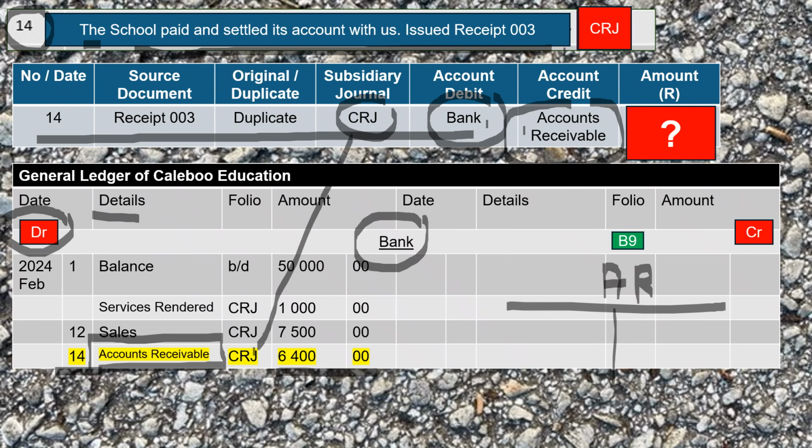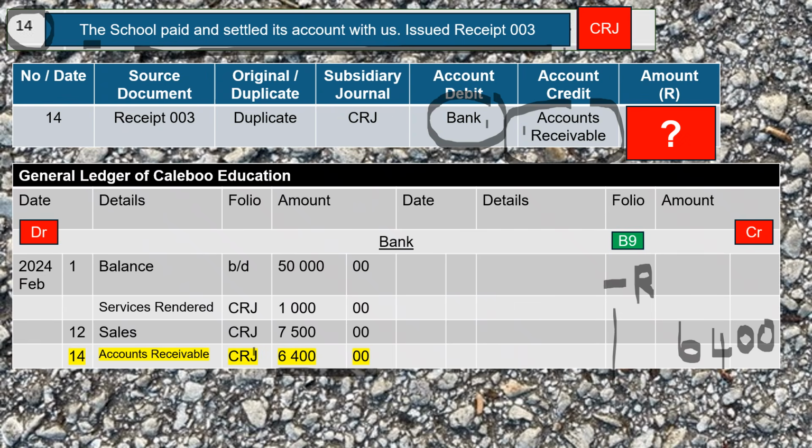Accounts receivable is credited. I'll show you how this amount is calculated with 6,400. So accounts receivable, which is the contra account, needs to be recorded under details. So under details, you record the name of the other account that was affected by the transaction.